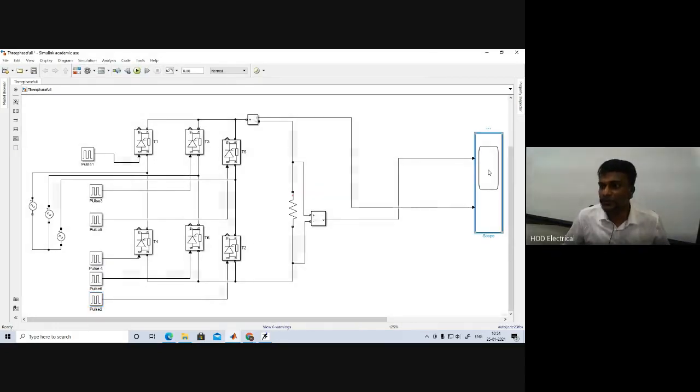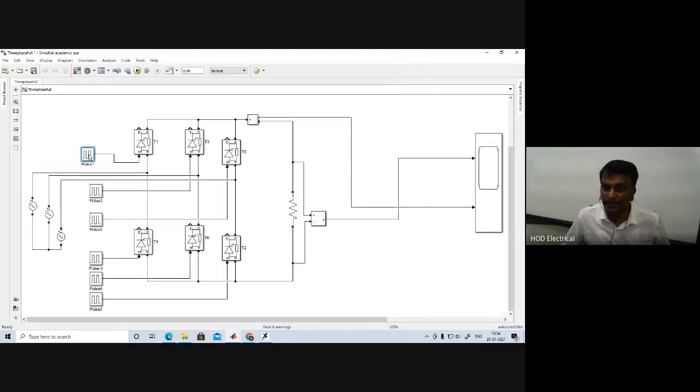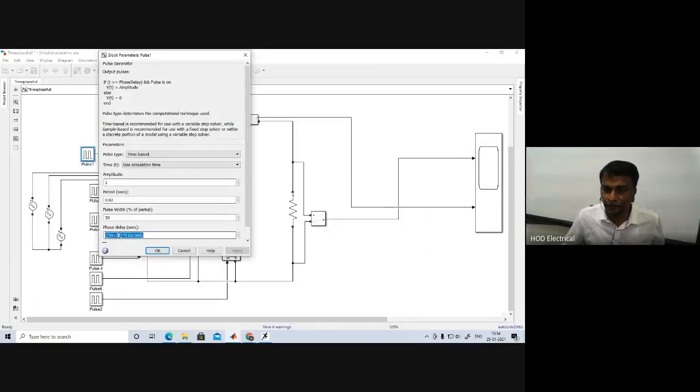So what happened, compared to the previous case, is that the output voltage starts to reduce. There is a firing angle cutting. Then I take it as a 60 degree firing angle instead of 30.